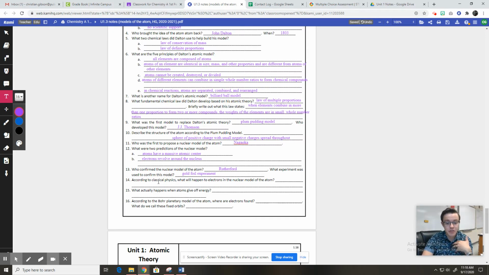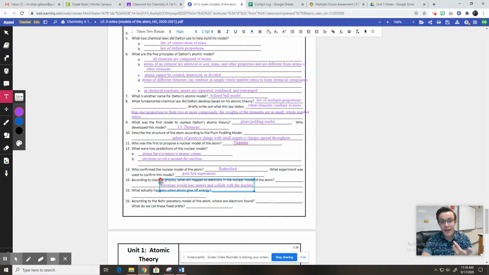So according to classical physics, what will happen to electrons in the nuclear model of the atom? If you have some light particle that's orbiting something that has a really big mass, what eventually would happen? Well, eventually they would spiral closer and closer and collide with the nucleus, according to traditional physics. So the electrons would lose energy and collide with the nucleus.